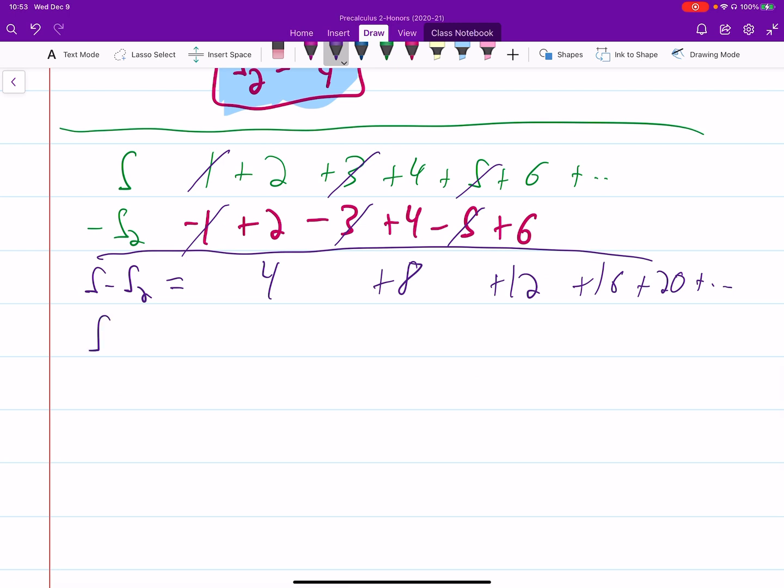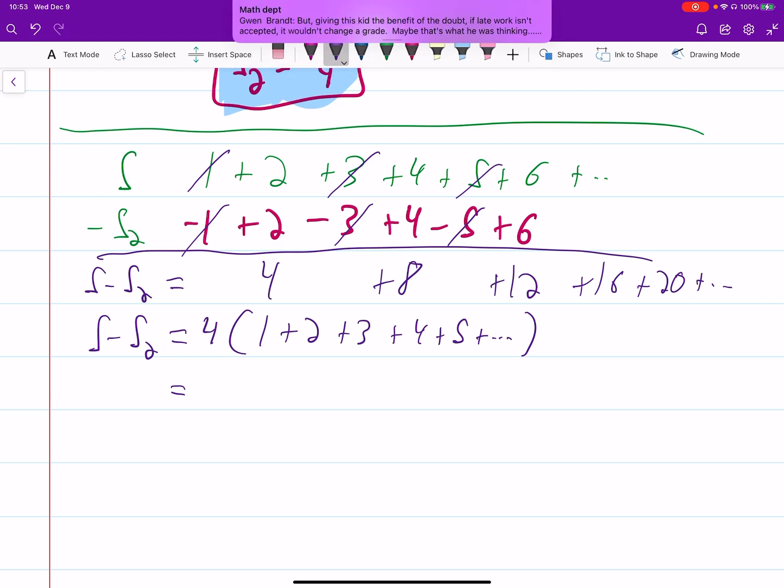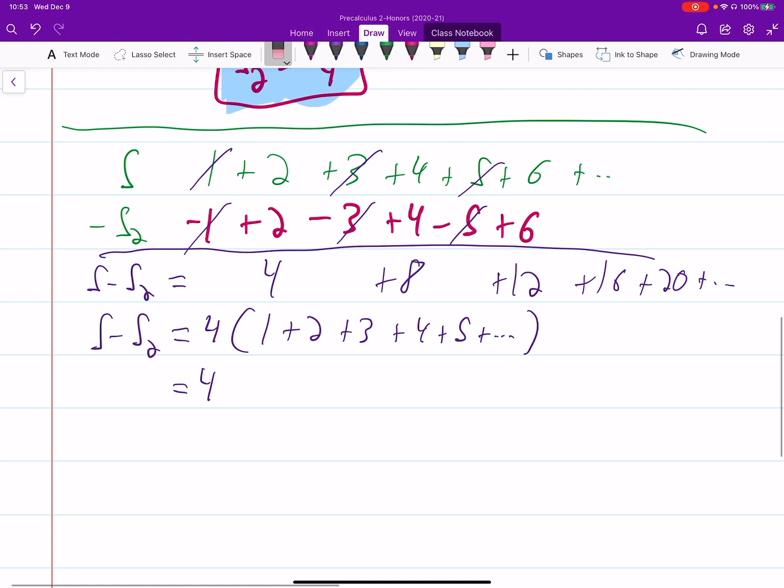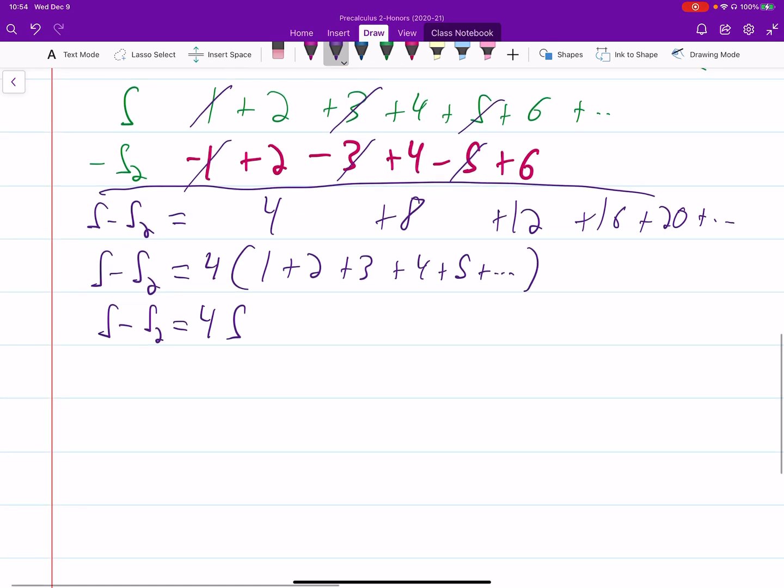Well, factor a 4 out, and I get 4 times 1 plus 2 plus 3 plus 4 plus 5, and so on, which is really the same as 4S, because that entire sequence is just S. So I have S minus S2 is equal to 4S.